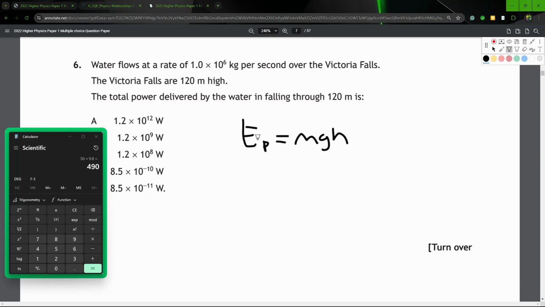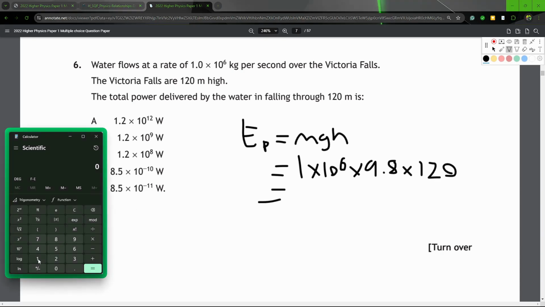So E is the potential energy, M is the mass, G is the gravitational field strength, and H is the height. So of course, mass, we've got it as 1.0 times 10 to the 6. Gravity, which this is on Earth, there's no waterfalls in space, and 120 meters. So we're just going to times that all together.